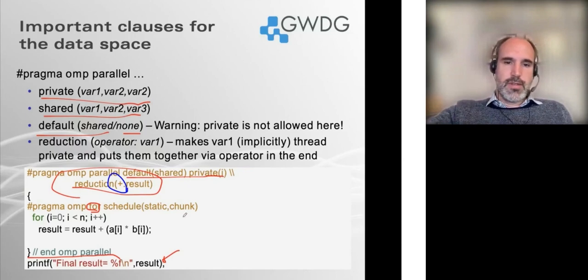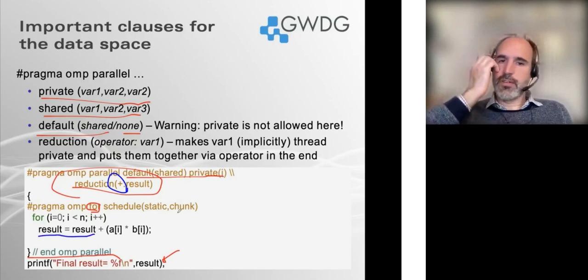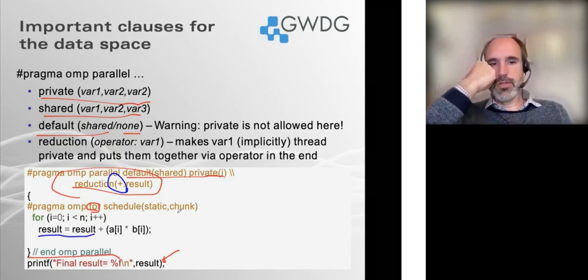The code is, as it's given here, basically correct. What I would point out here, I would, in this case, make sure that the result is somehow initialized. As I said before, the private variables usually are not initialized, so they're undefined.